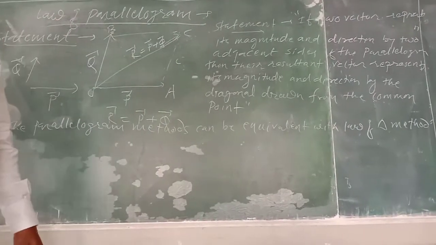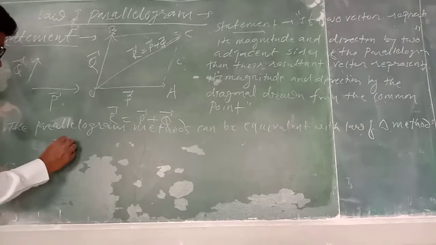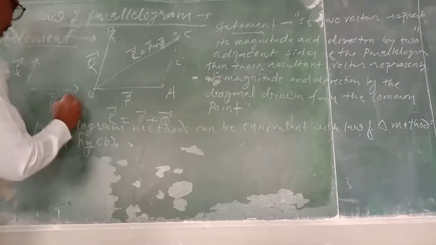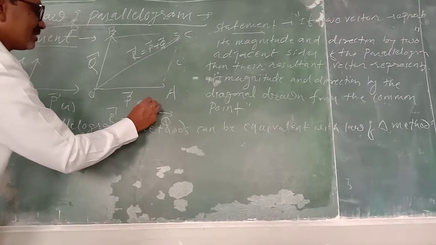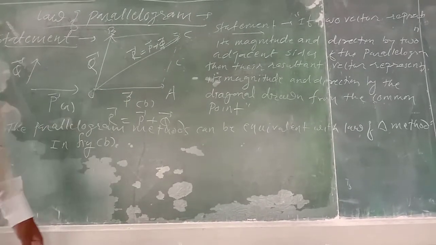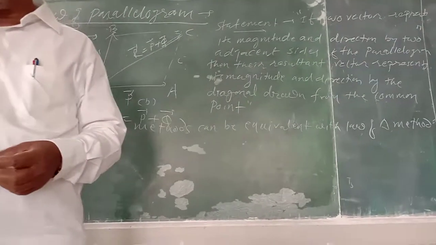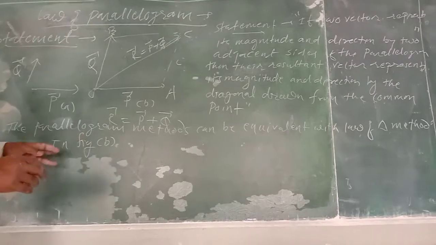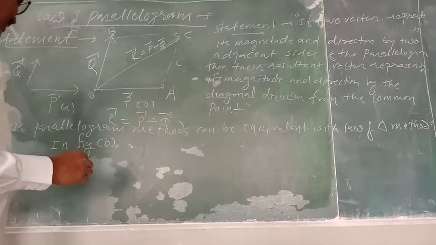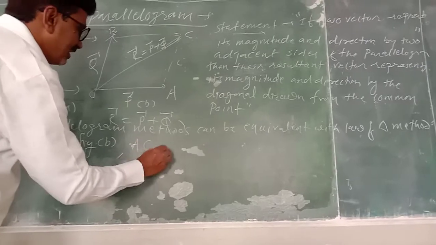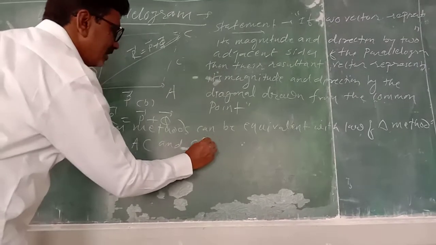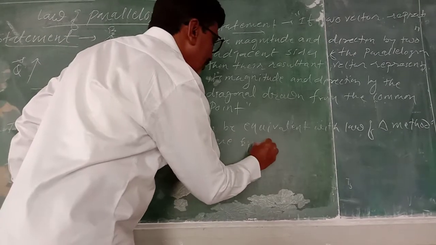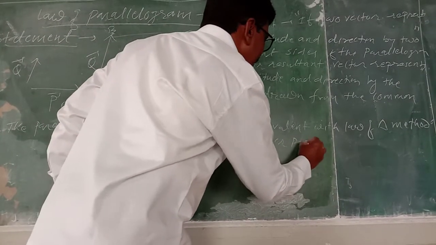In figure b, I mean this is the figure a and this is the figure b. In figure b, consider the lengths of OA, AC and OB. The sides AC and OB are equal and parallel.